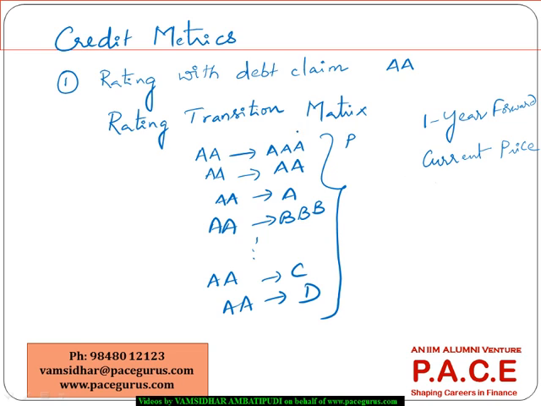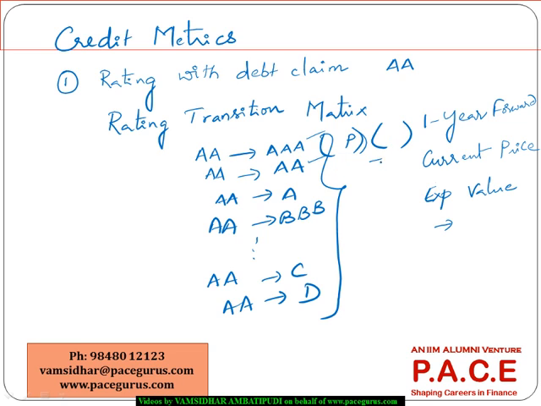So if it is AAA rating, what could be the value of the bond? If it is AA rating, what could be the value of the bond? And finally try computing the expected value of the bond using a weighted average. Okay, what is the probability that it will reach AAA? And if it reaches AAA, what is going to be the value of the bond?